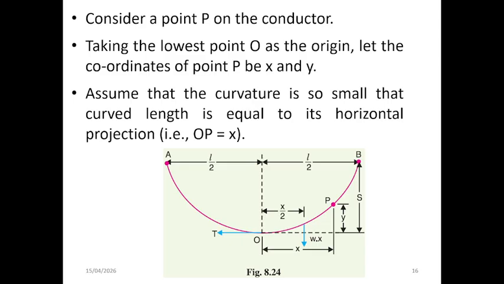In other words, the arc length OP is taken as approximately equal to X. This simplification is valid for most practical cases and gives easier equations for tension and sag.